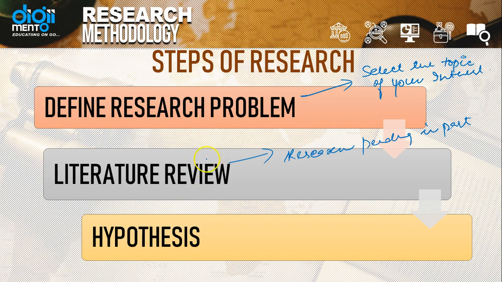Now the third one is hypothesis. A hypothesis basically gives a tentative solution to your problem. It's not a final solution, it's just a tentative solution. Let's take one example: the statement "smoking is injurious to health."